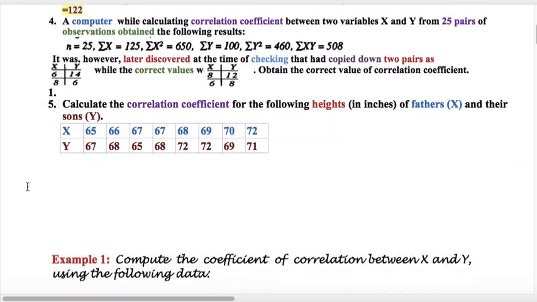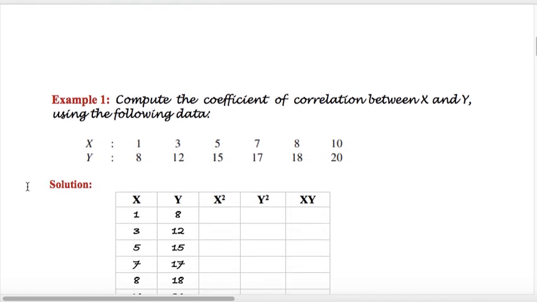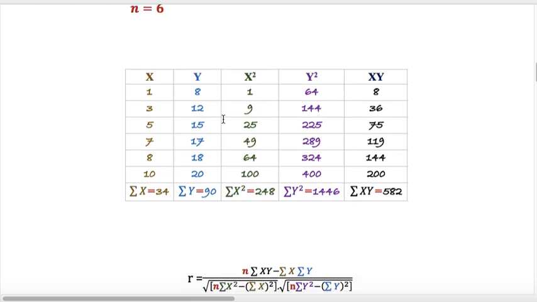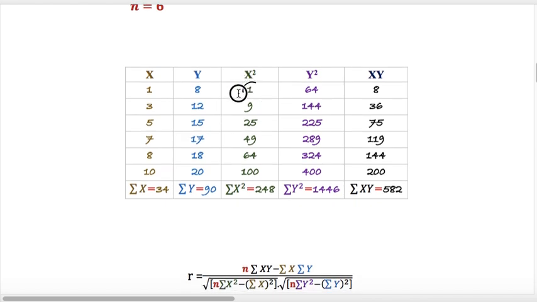So example number 1 is to compute the coefficient of correlation between x and y. We observe here that x and y can be squared, so we can directly solve it. When we square x, y and take their product, we get x square as 1, 9, 25, then 7 square is 49, 8 square is 64, and 10 square is 100.